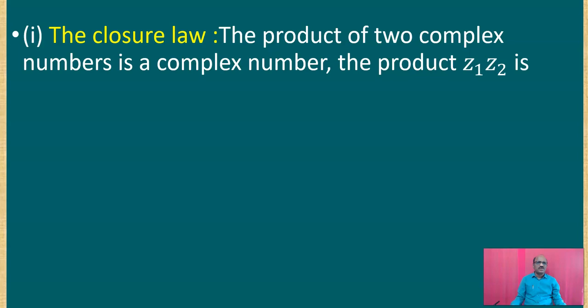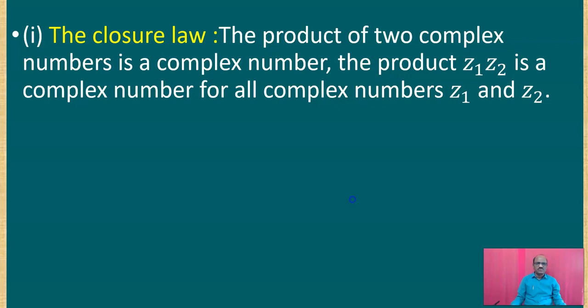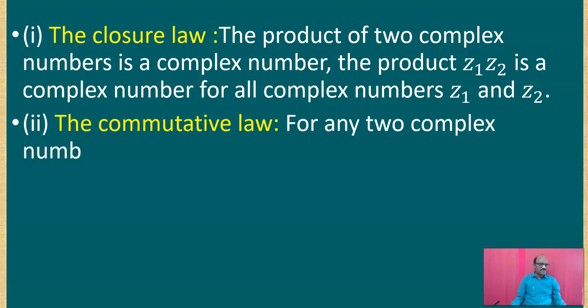The product z1 into z2 is a complex number for all complex numbers z1 and z2. Next, the commutative law. For any two complex numbers z1 and z2, z1 into z2 is equal to z2 into z1.